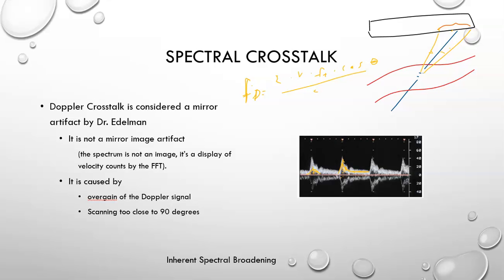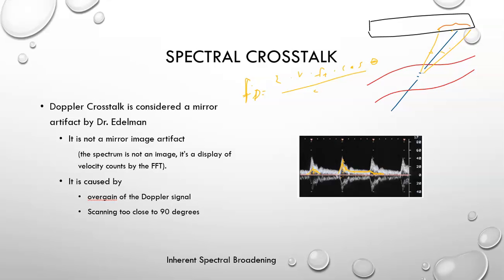And the reason why I'm putting a lot of emphasis on this inherent spectral broadening is that back in the day, even before I started scanning, a lot of literature was written on how this filling in of the window in Doppler indicates disease. That's spectral broadening. And it does. It indicates a more tortuous flow of blood.